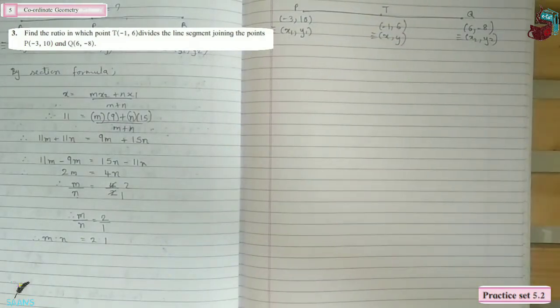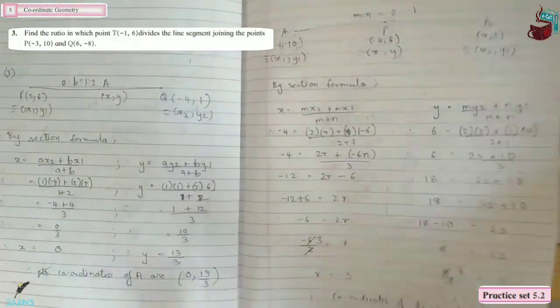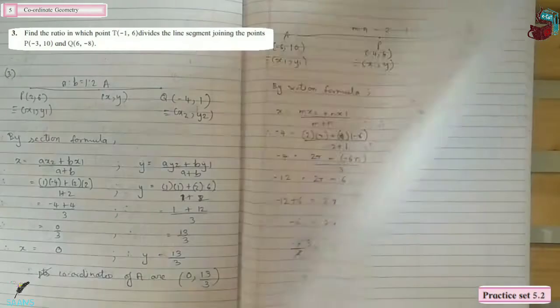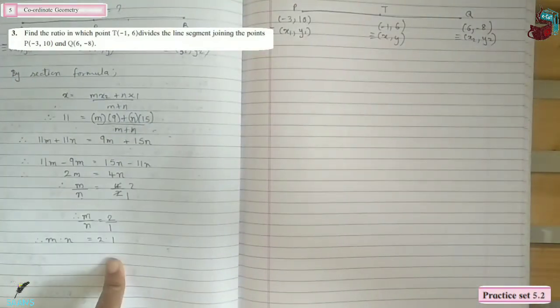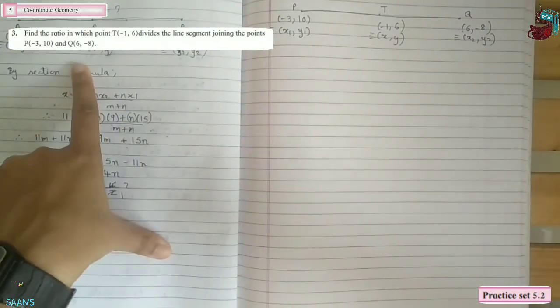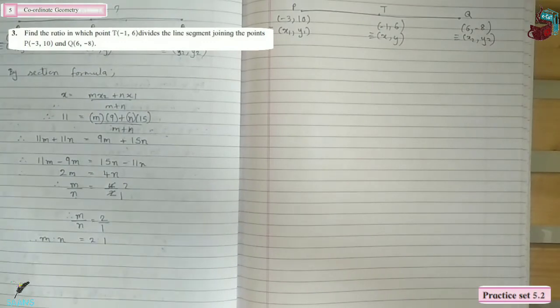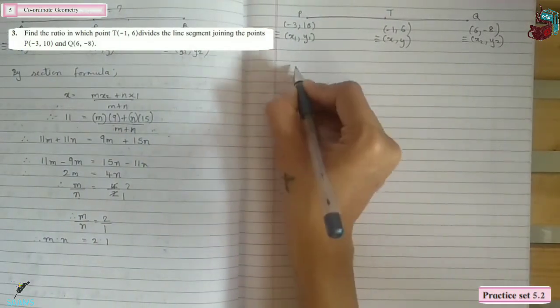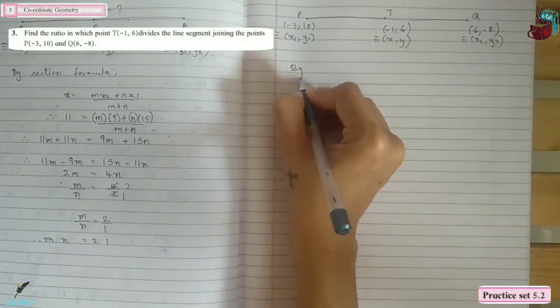Now what they are asking, find the ratio. Find the ratio means it's this type of a sum. Everything is given, so again you have to consider any one. Let's consider x only. You can consider y also, no problem.